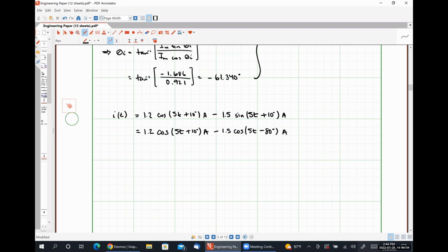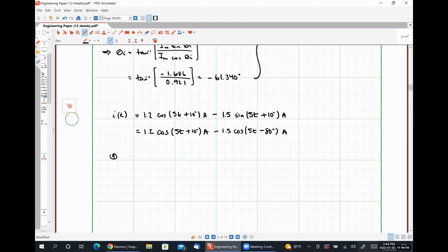Now what I'm going to do is, using Euler's identity, let me write down Euler's identity again for you guys. I think this was trig identity number 9 that we had earlier.